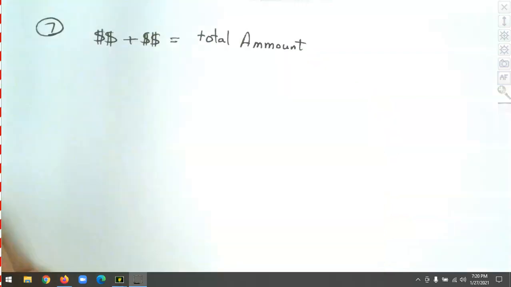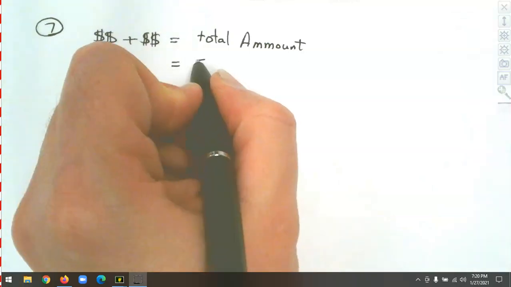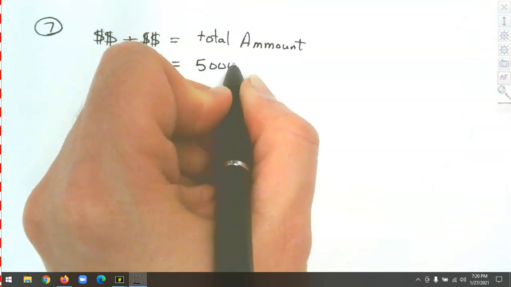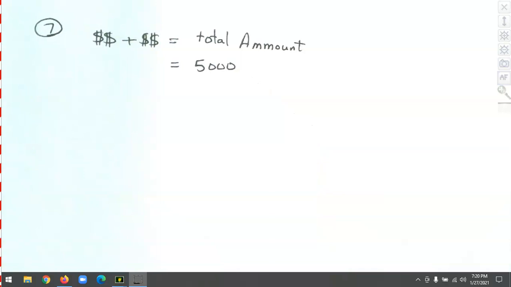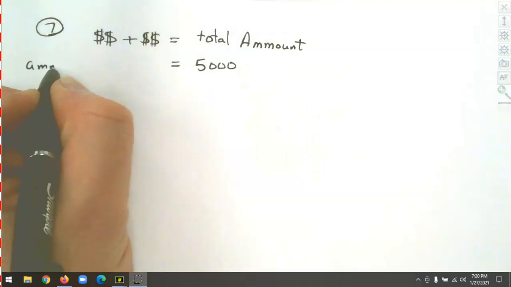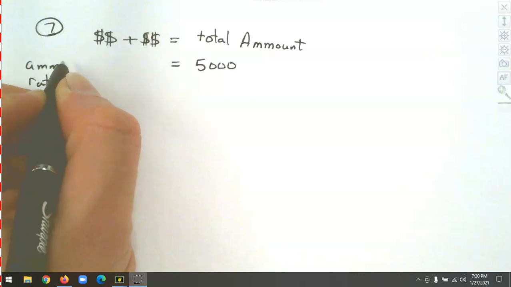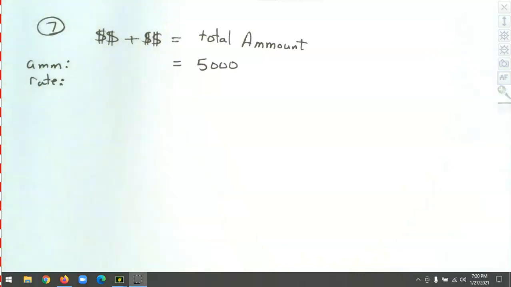Not the interest. How much should we get for that bonus? Well, for that bonus, we got $5,000, right? So that's going to go there. That's our total amount. So the total amount of money that we have to work with is the $5,000. Not to be confused with the interest. They're completely different.